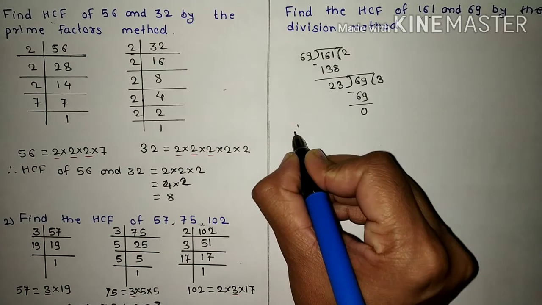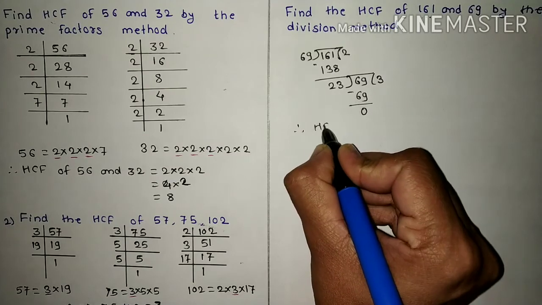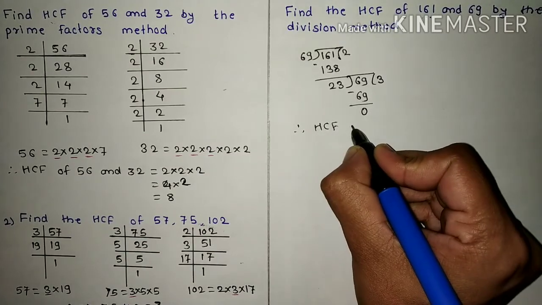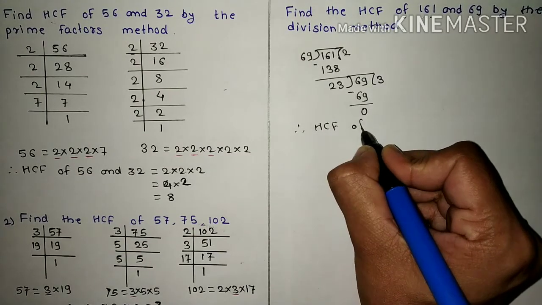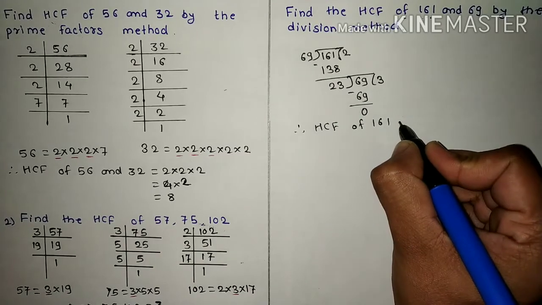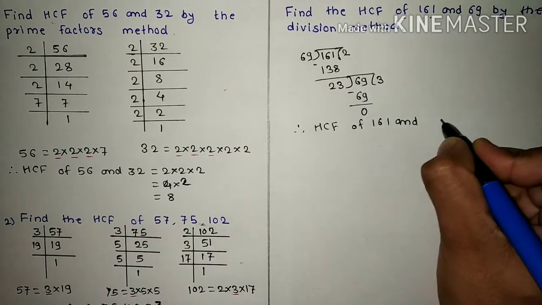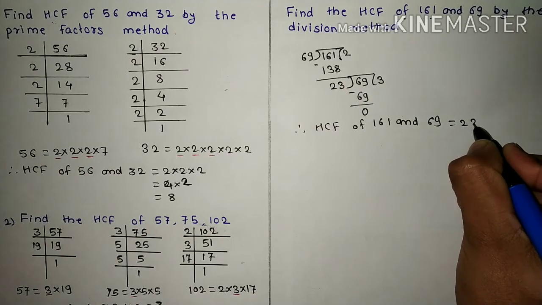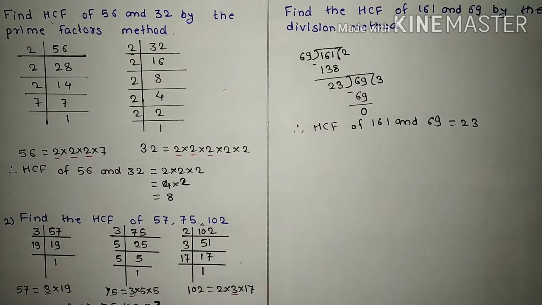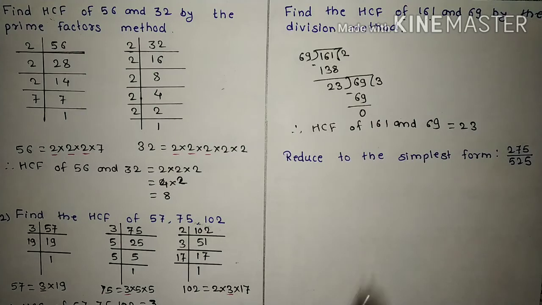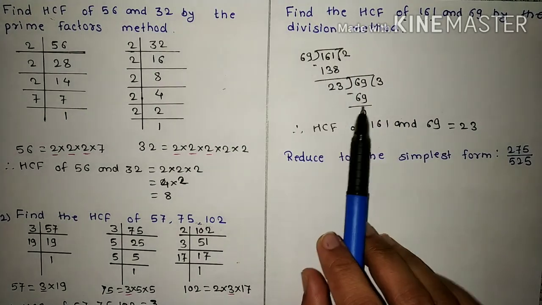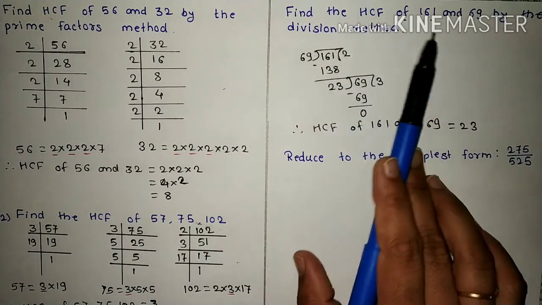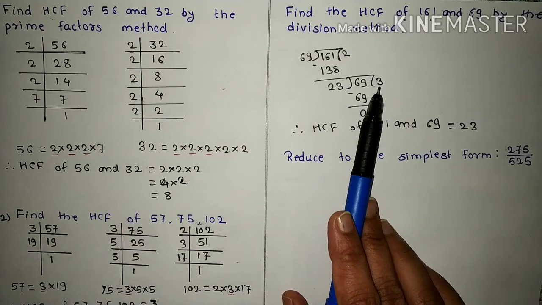Therefore, the HCF of 161 and 69 is 23. This method is called the division method for finding the HCF of given numbers.